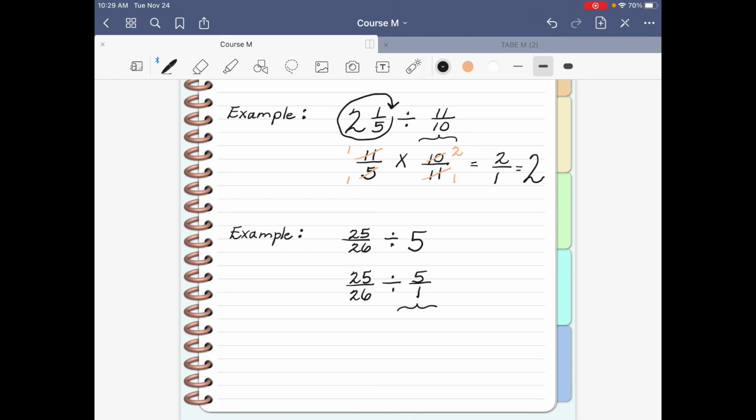Flip the fraction that follows. Multiply, which means canceling is possible here. 5 into 5 is 1. 5 into 25 is 5. 5 times 1 is 5. 26 times 1 is 26. Simplify. It's already lowest terms.